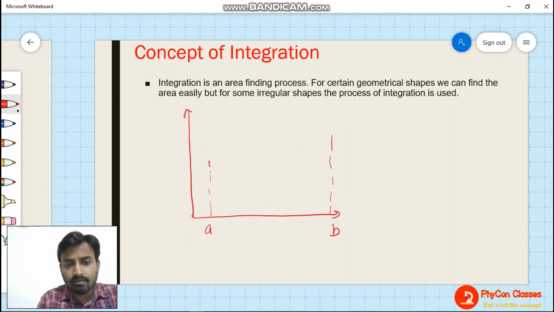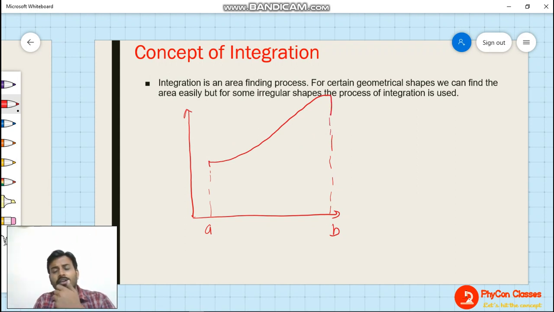I'll just make it like this. Okay, fine. Now what we can do is divide this full area into small rectangles and find out the area of the rectangles. That we can do, because the area of a rectangle we can find out.